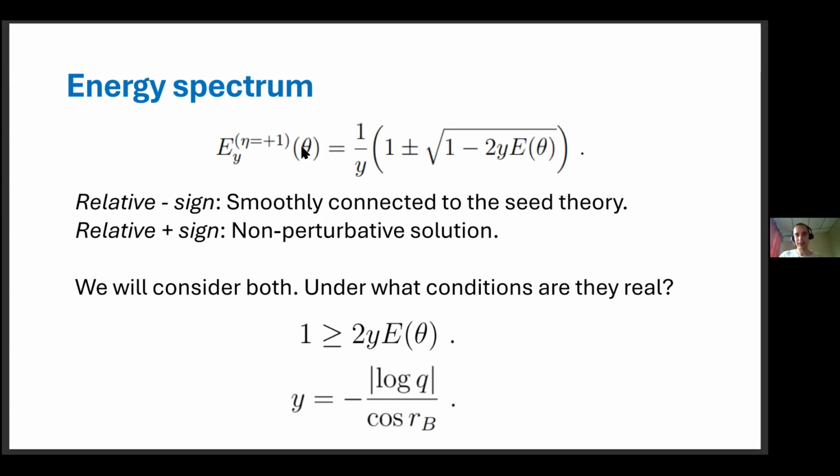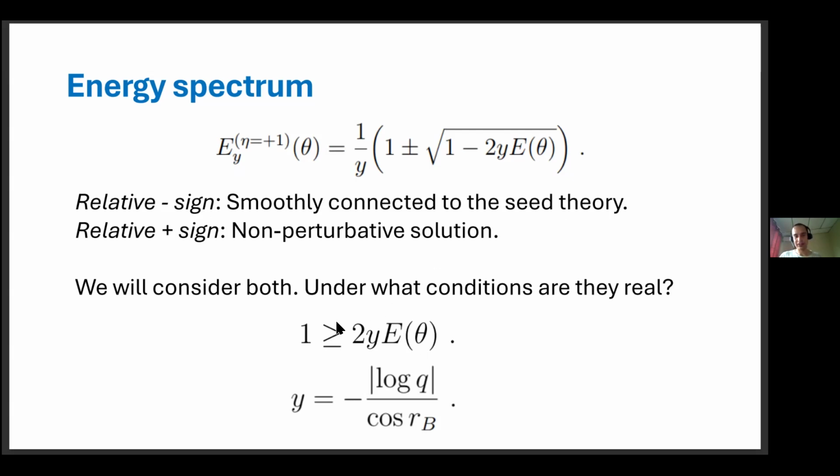In this case, the energy spectrum is described by this condition, and there are two possible signs. The one with the minus is connected to the AdS solution, and the one with the plus is connected to a non-perturbative solution. They both describe different physics, and because of the time, I will only talk about the negative sign.